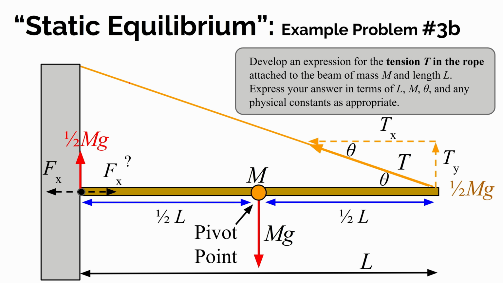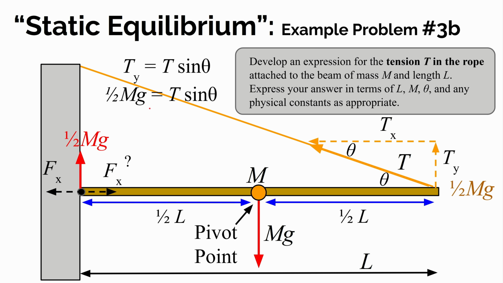So let's set up a simple algebraic expression to solve for tension. The y component of any right triangle is equal to the hypotenuse times the sine of theta, because that's the opposite side of our right triangle. So the y component of tension is equal to T sine theta, and we figured out that the y component needs to be equal to 1/2 m times g, half the weight of the board, because it's the same size as the y component of the force the wall exerts on the board.